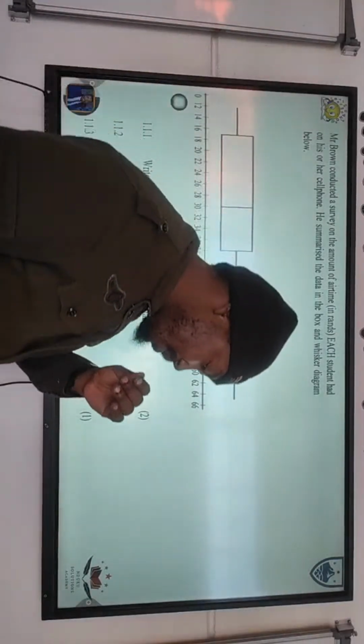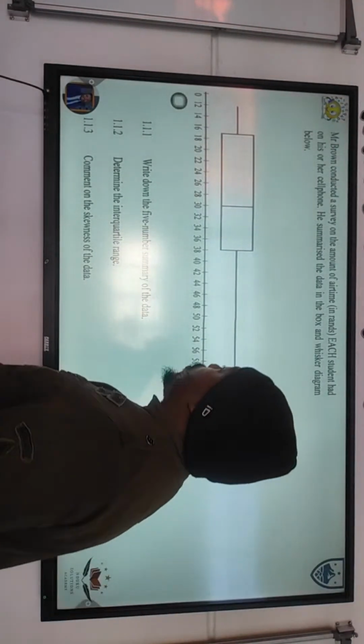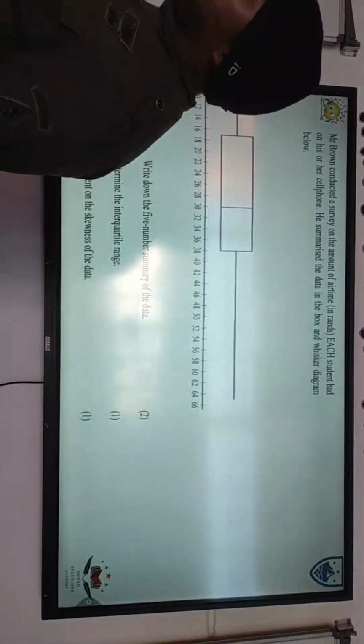Good. Let's look at this one. Another possible question. Mr. Brown conducted a survey on the time each student had on his or her cell phone. He summarized the data in the box and whisker diagram below. Write down the 5 summary data.